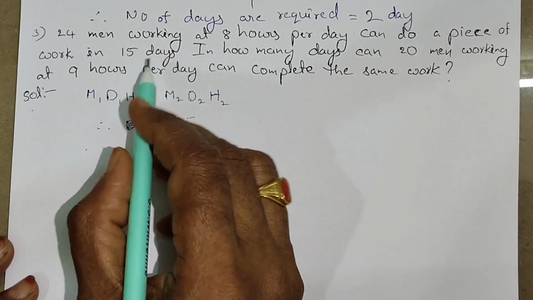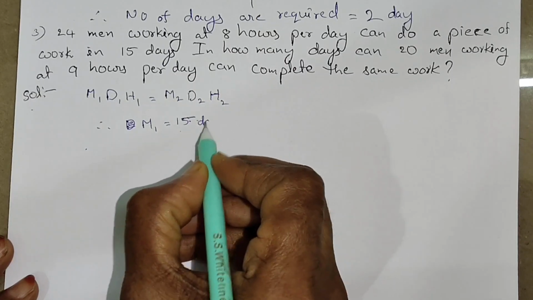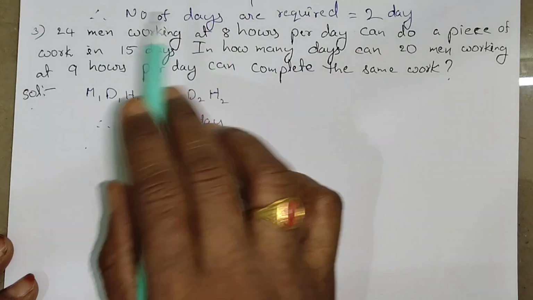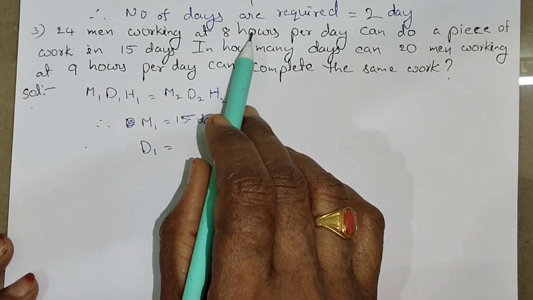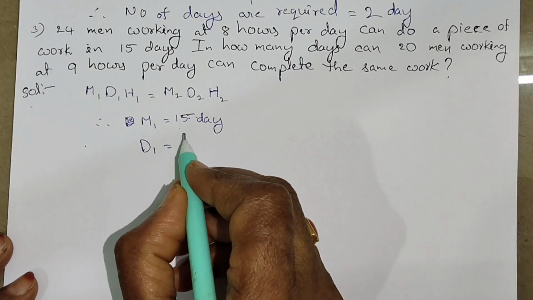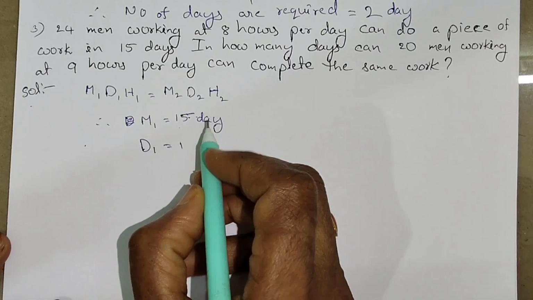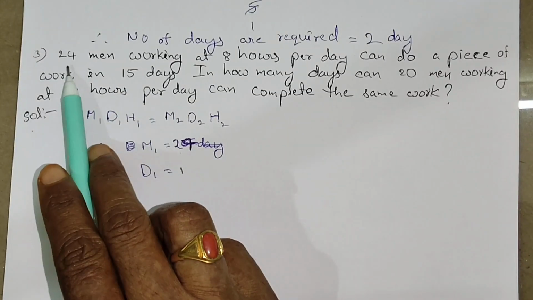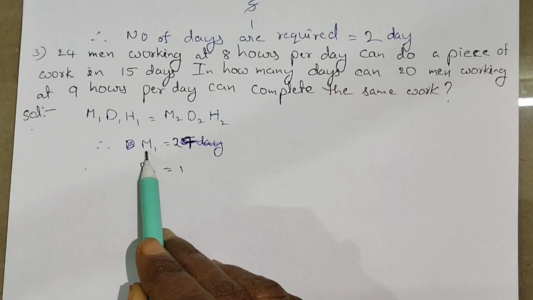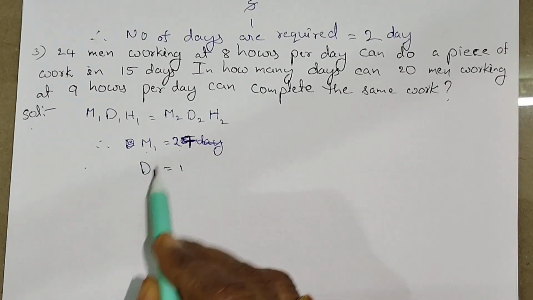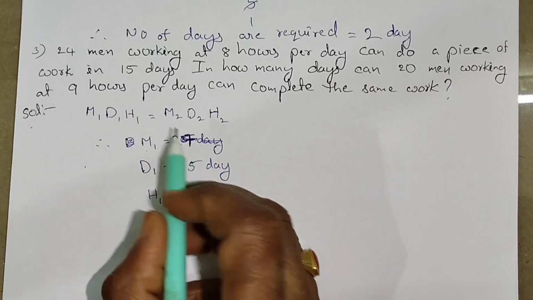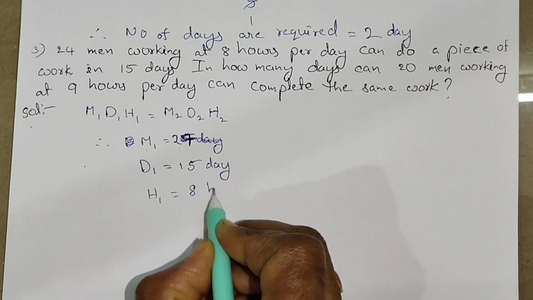Here 24 men, 8 hours complete the work in 15 days. So m1 equal to 24, d1 equal to 15 days, and h1 equal to 8 hours.